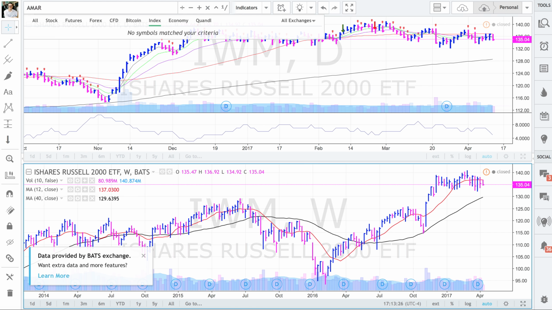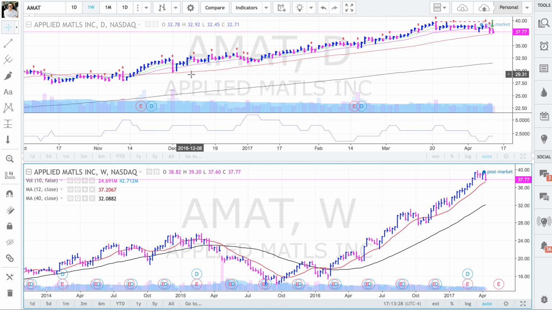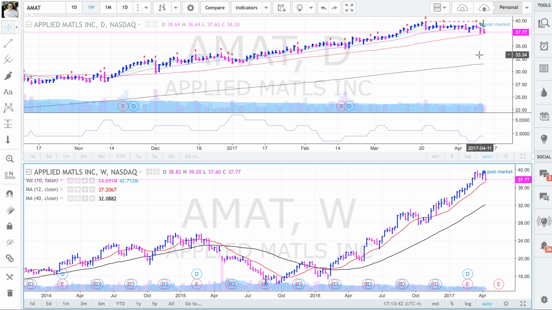A lot of regional banks coming on, but when we look at AMAT, Applied Materials, we can see here that it's been running for a long time. It's starting to form a flat base, and it pulled right into the 50-day moving average.